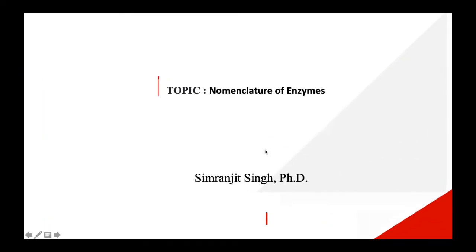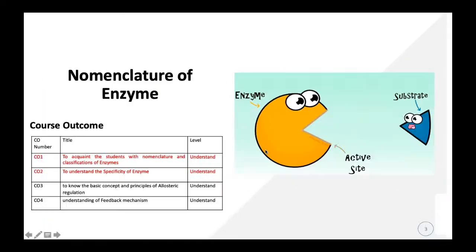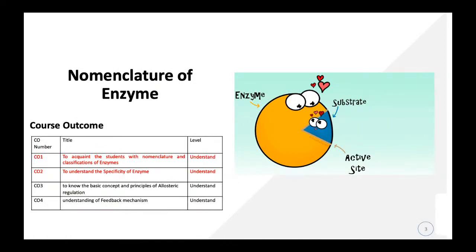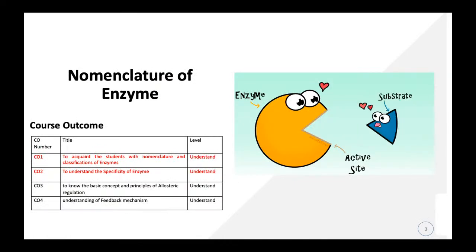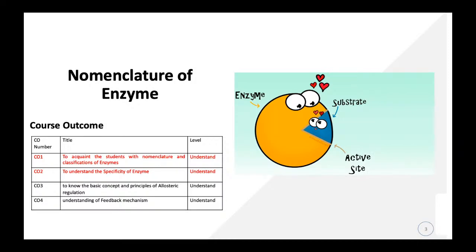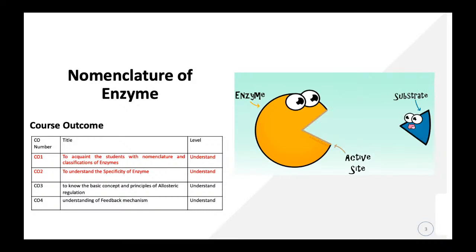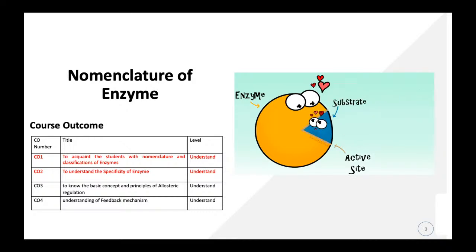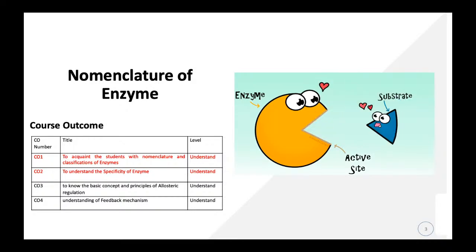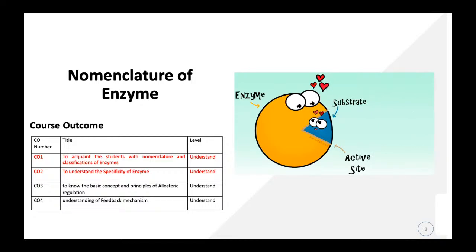So let's start with the nomenclature of an enzyme. Here we will be acquainted with the nomenclature and classification. We will understand the enzyme and know the basic concepts of allosteric regulation and understand the feedback mechanism. Mainly we will discuss all these parts.